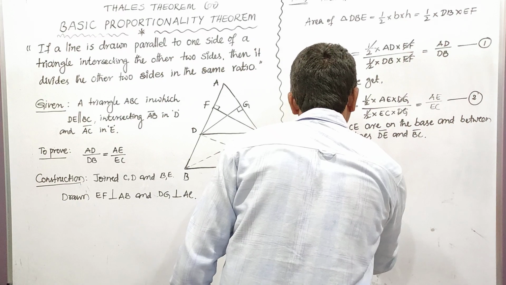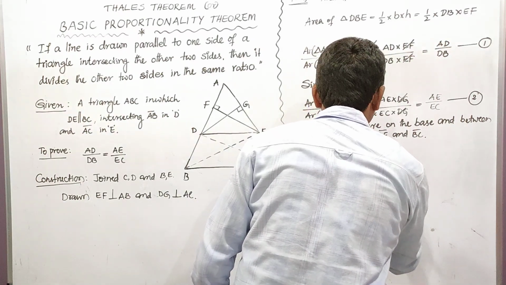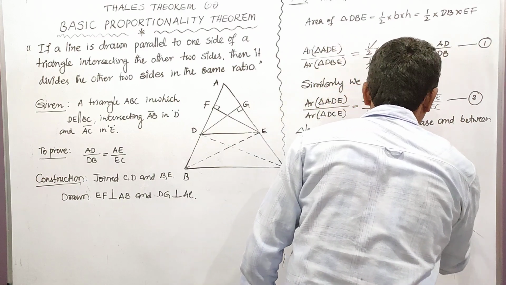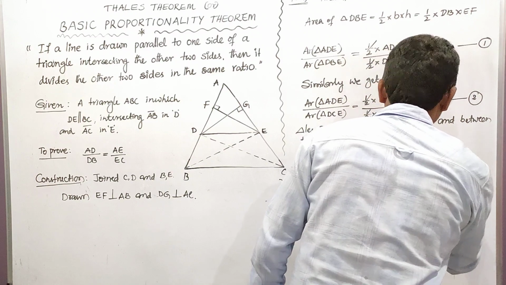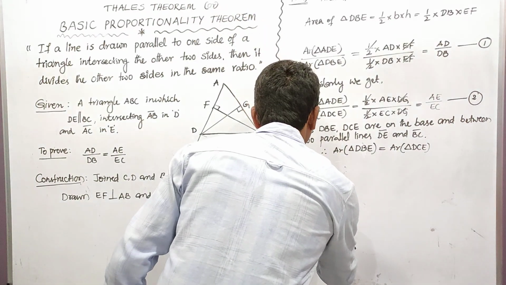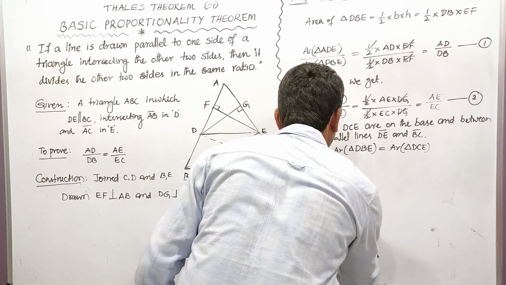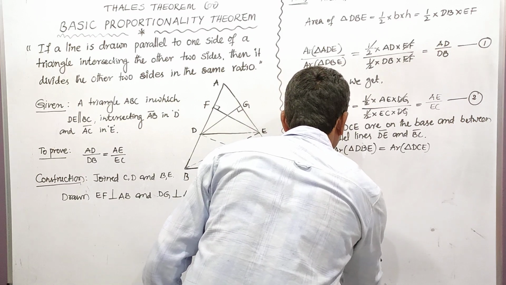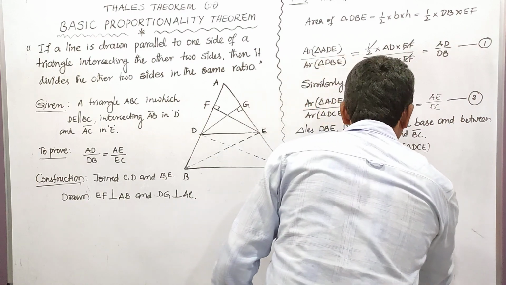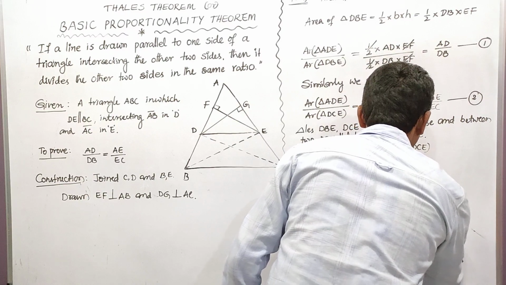Therefore, area of triangle DBE is equal to area of triangle DCE. Now I want to write the reciprocal of this, student. See how we can write a reciprocal: 1 by area of triangle DBE is equal to, on the right hand side also, 1 by area of triangle DCE.